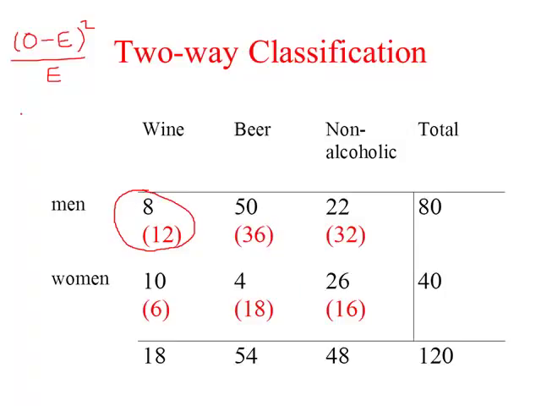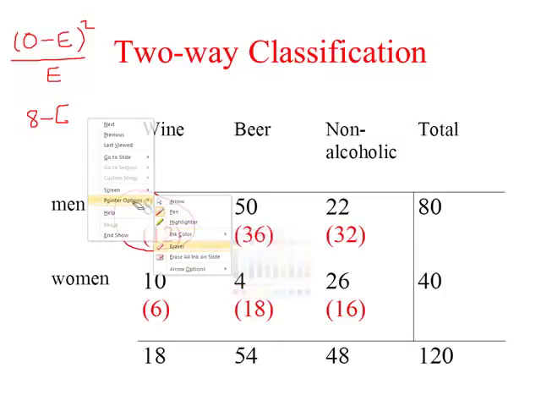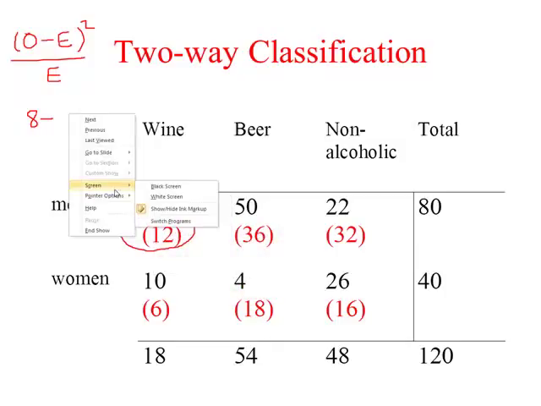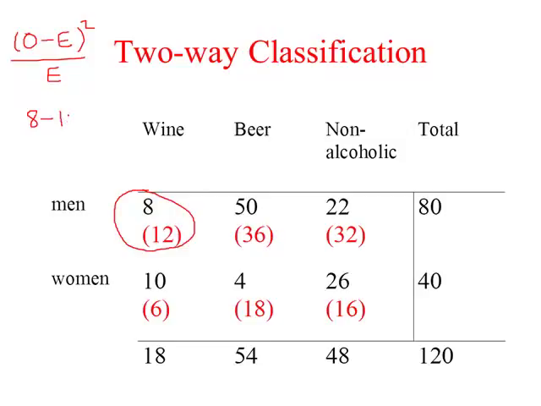So for this first one, observed is 8, subtract our expected, which is 12, and we'll get negative 4. If we square negative 4, we'll get 16, and divide that by 12, and we end up getting 1.33.